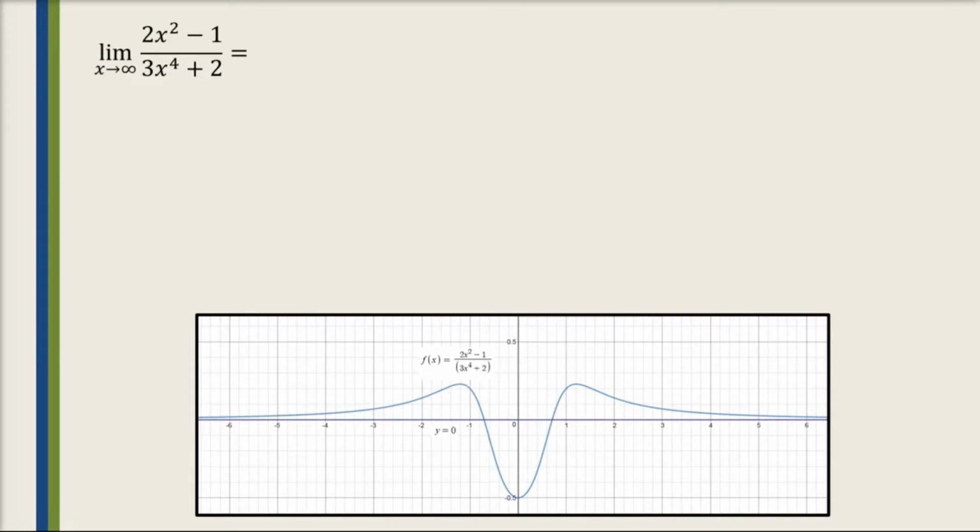And if we look at another example, in this case, the degree in the denominator is a 4, so we're going to divide everything by x to the 4th power.